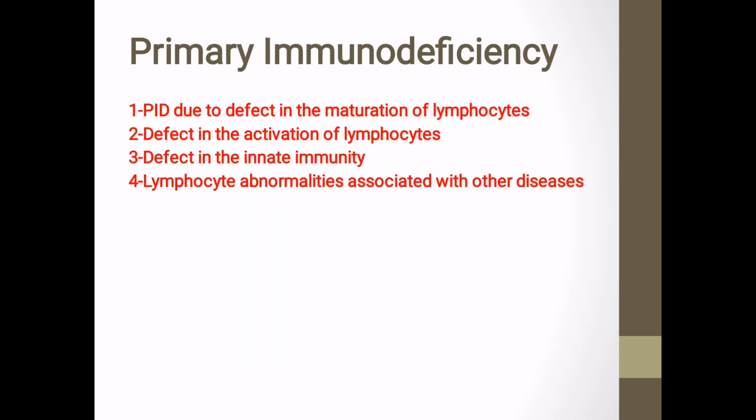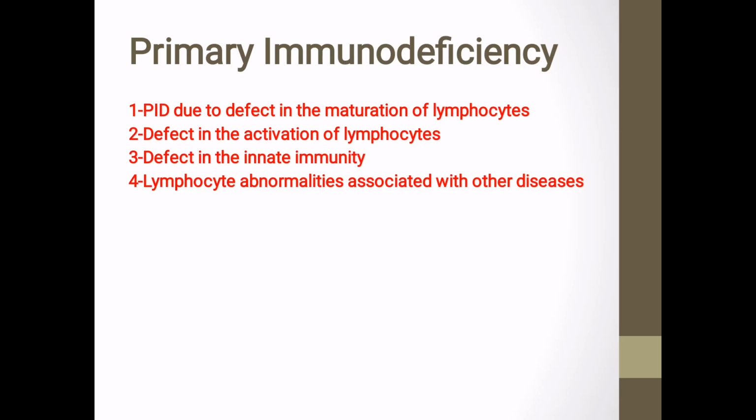Okay, primary immunodeficiency, there is a lot of categorization of primary immunodeficiency. We use this. Primary immunodeficiency has 4 types. Either primary immunodeficiency due to defective maturation of lymphocyte. Defective maturation, so there is no mature lymphocyte.